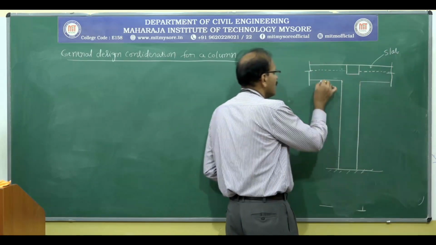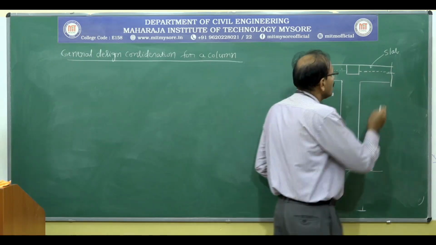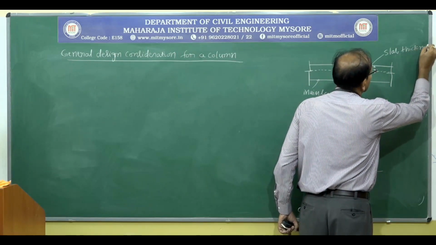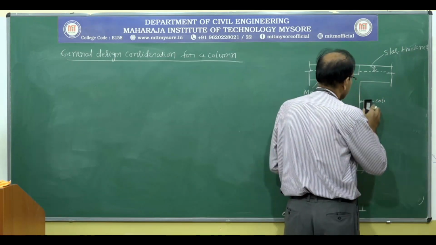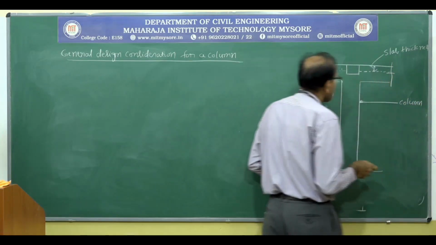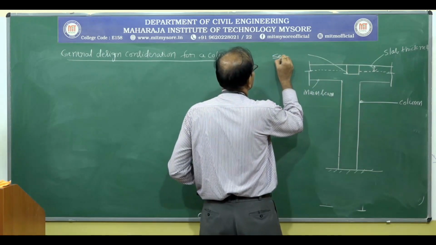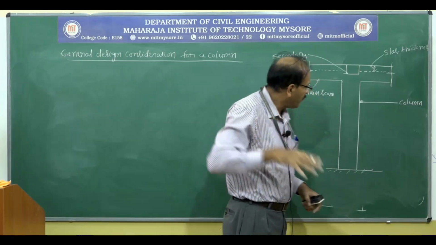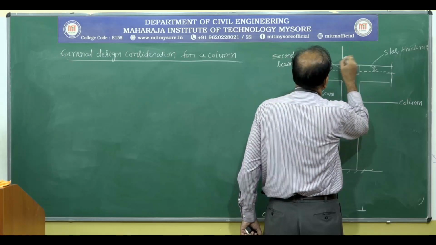This is slab. This is main beam. This is the slab thickness. So this is the column. And this is the secondary beam. So if you look from the top at this level for the column, you will see this figure.